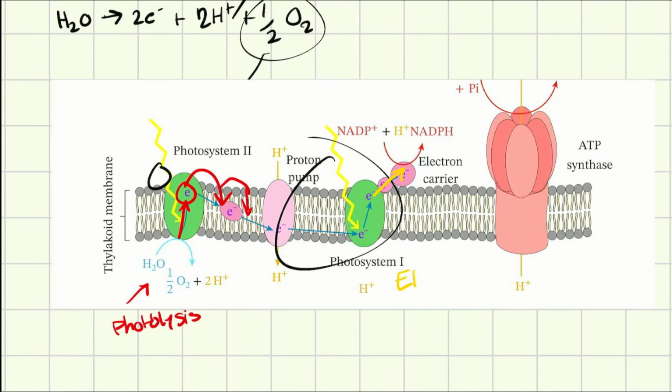And as it's doing so, the energy that is lost during this process is used to facilitate the pumping of hydrogen ions and create that hydrogen ion gradient within our lumen.